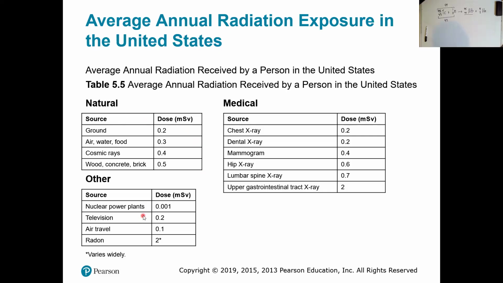There are different sources of radiation. We have our natural radiation, very small doses of radiation present. There's radiation that's present from things like power plants, even things like TV or just air travel. Just small amounts of radiation.